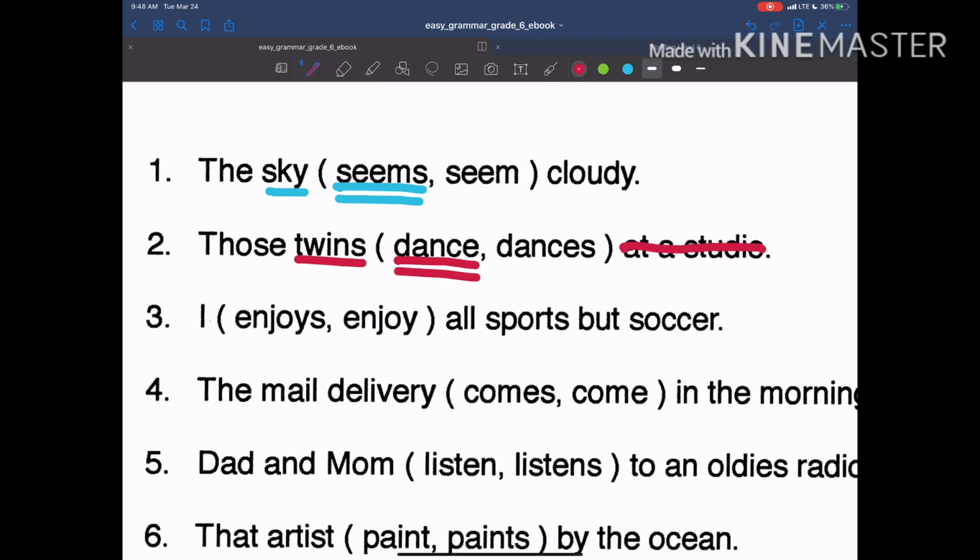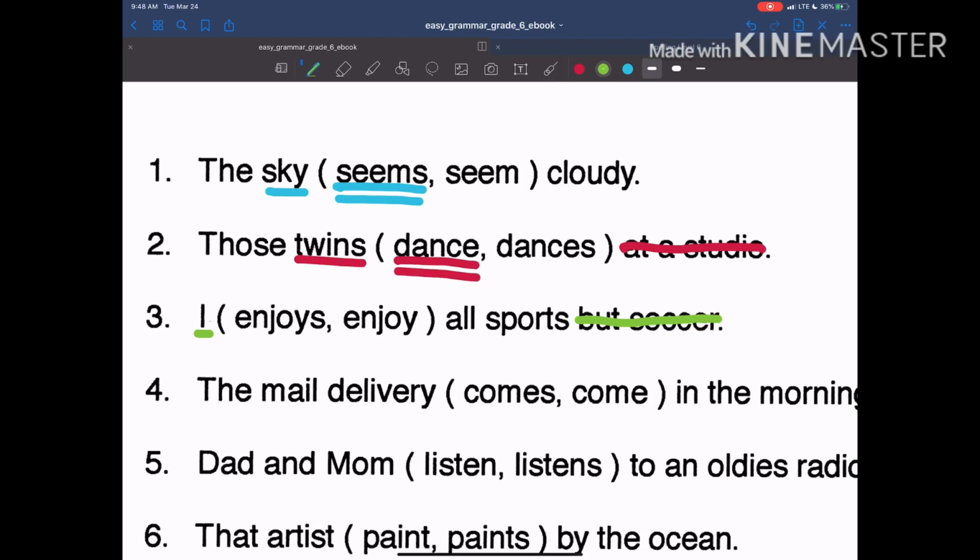I enjoy all sports but soccer. Are there any prepositional phrases here? Yes, there are. But soccer. Let's get rid of that. We don't need it. Okay? What is our subject? Our subject is I. I is obviously singular.